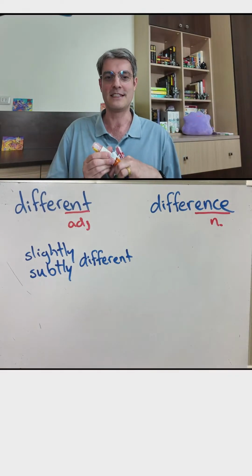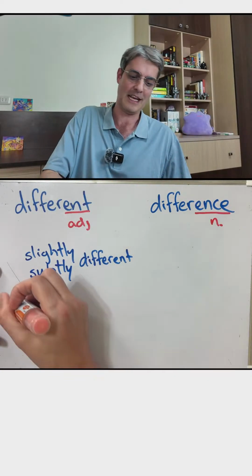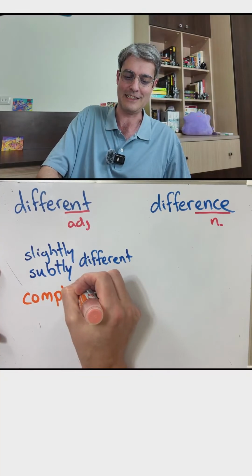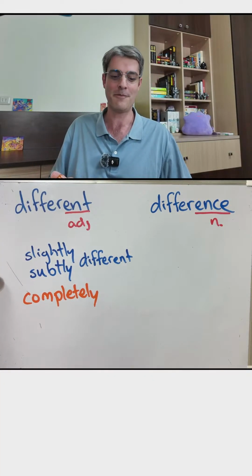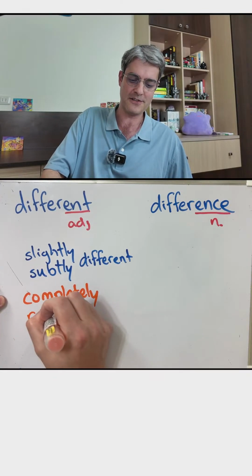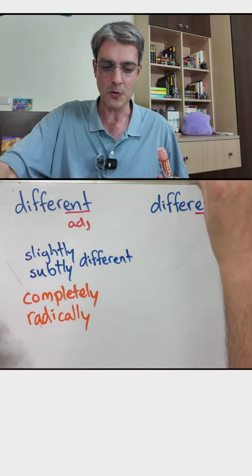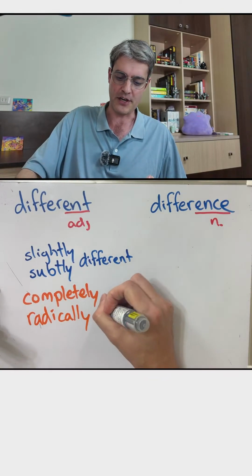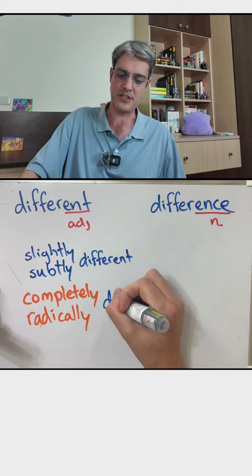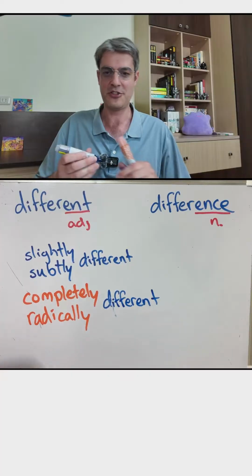So as we see these two paintings, it might be very difficult to see how they are different. Now, sometimes things are not slightly different or subtly different. They are completely different, right? They are completely different. That's a useful collocation here. And if things are completely different, they could also be radically different. We usually use radically different when we're talking about a design change, when from one generation to the next, it has a huge change.